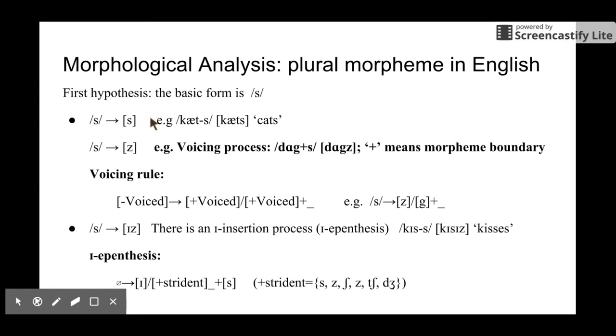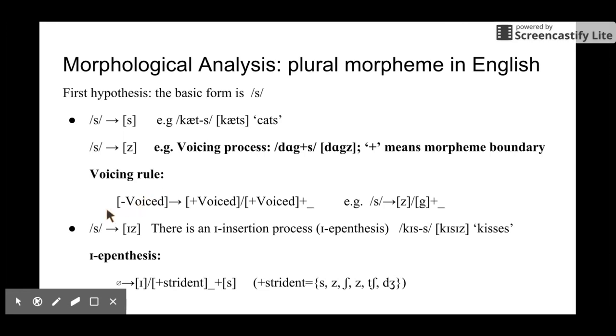No changes. Okay. And how do we account for this alternation as in dogs, z? We get z, right? So to account for this, we have to have a voicing rule, which changes a voiceless sound into a voiced sound.